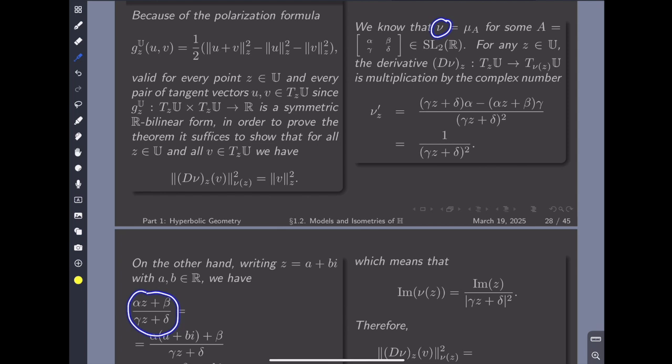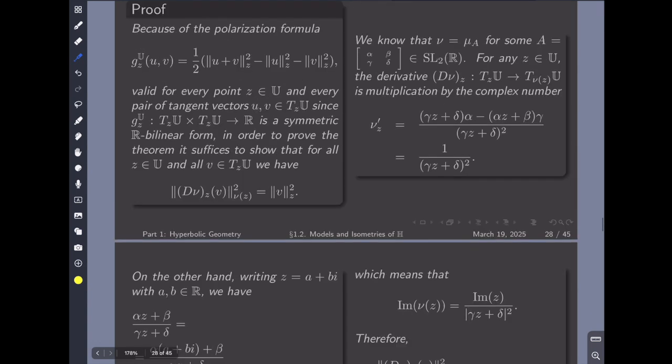So it's really just the quotient rule that one takes. And now z is in U, so we finally don't have to care about the point at infinity. So just apply the quotient rule, and simplify. So that's the derivative. And so the derivative is multiplication by this number.